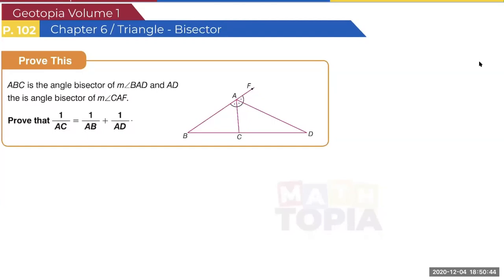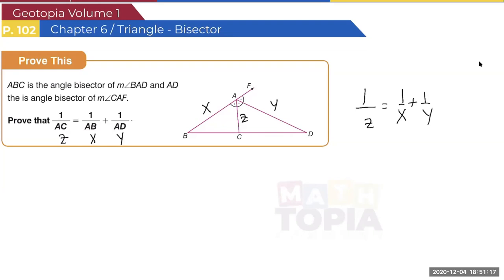Let's put AB is X, then AD is Y, and AC is Z. What we are trying to prove is 1 over Z equals 1 over X plus 1 over Y.